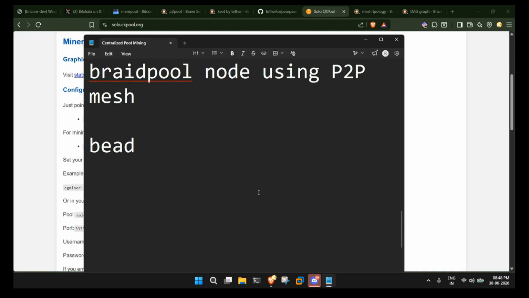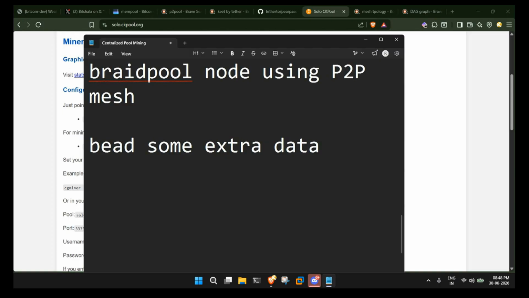But the Braidpool node which you are running locally will add some extra data. It will create Braidpool data, like the commitment with your payout address, parents, etc. All that information should be there, and it sends this mining job to the Bitaxe, and then your Bitaxe will start mining because it has the template.